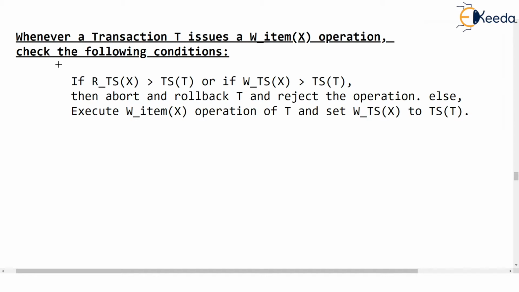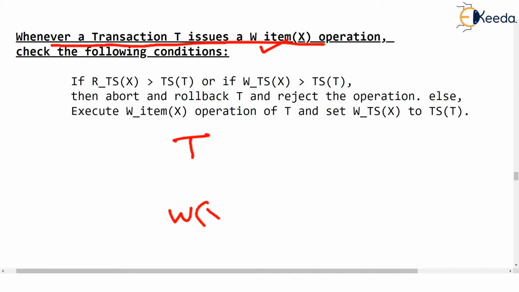Whenever a transaction T issues a write item X operation, we check the following. Imagine a transaction T. I have purposely not used T1 or T2. T is issuing a write item request, let us write it as W(X).